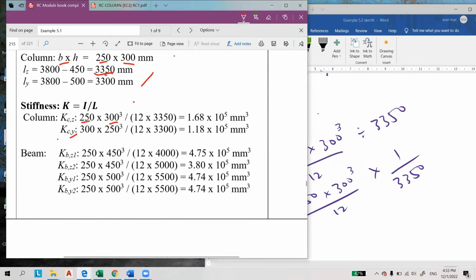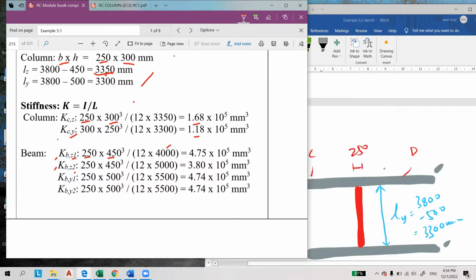So you got this value, and then you have to calculate the stiffness of the beam, also similar. B is this one, this is the H. So you multiply. Make sure you enter the right L, because the L is different. So between KB Z, this one is beam number.